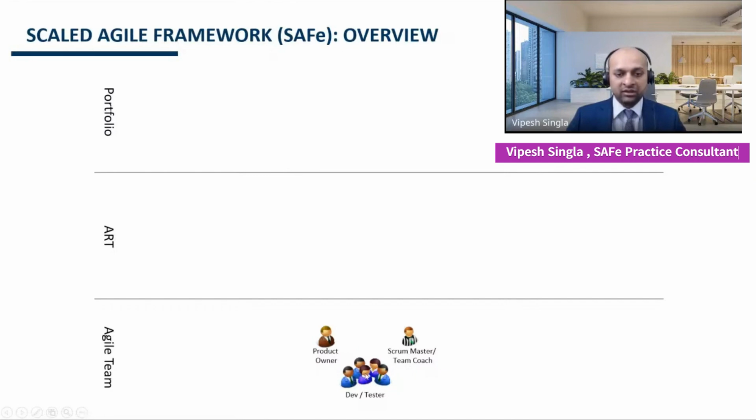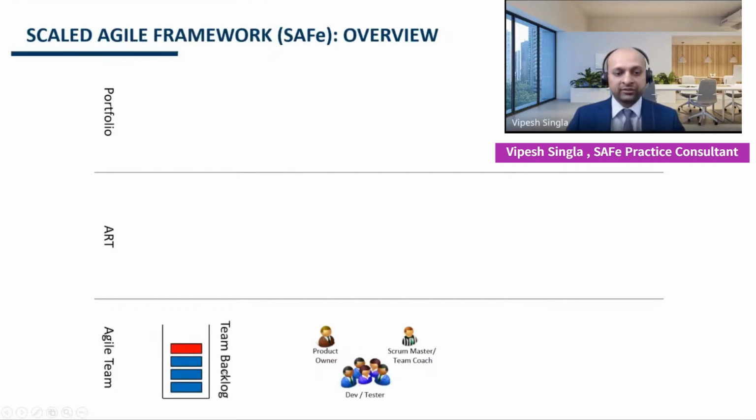All these three sets of people together are capable of defining, designing, developing, coding, testing, and releasing the requirements which are allocated to them as an agile team. They are cross functional in nature. Collectively they have all the skills which are required to build the functionality which is allocated to them.